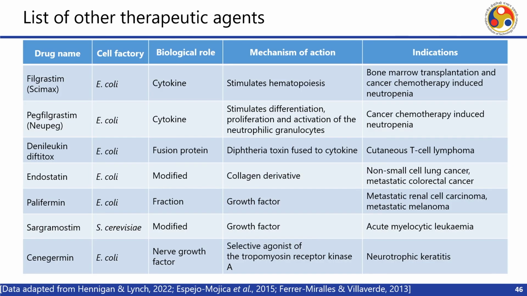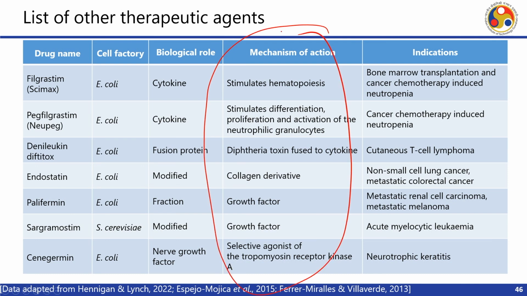So, in this table we can see many therapeutic agents. In the first column we have the drug name and then the cell factory or the organism in which it is produced. Mostly they are all majorly produced in E. coli, and then we also have Saccharomyces cerevisiae. And then this column tells you about the mechanism of action.